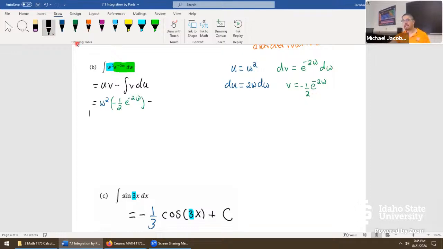Then we go minus and put a little bit of space before the integral sign. When it says v du, you're taking all of this, multiplying all of this. So there's a bunch of constants that you have to worry about. You do save a lot of time if you just multiply those constants right here. That's not great on the notes then. It might not be easy to see what I even did.